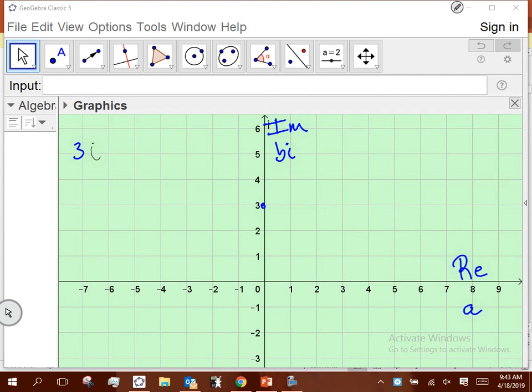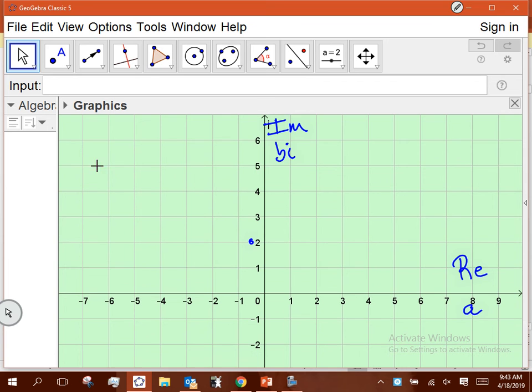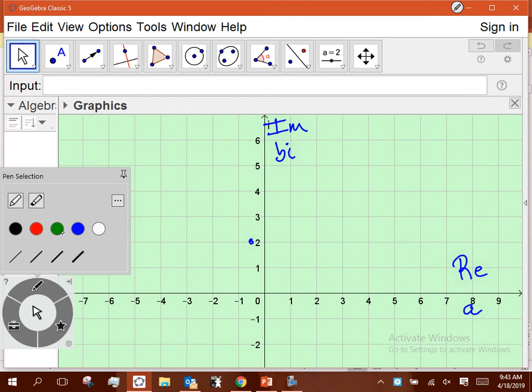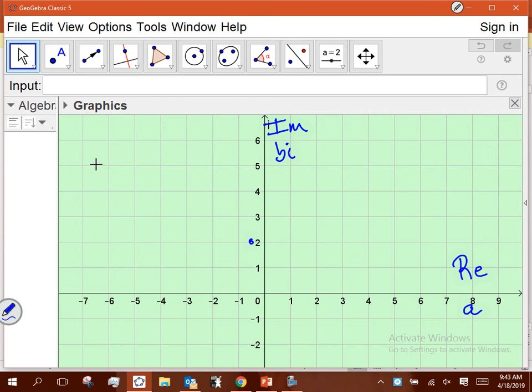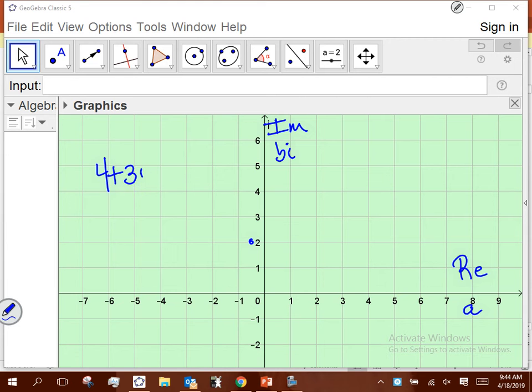This is my imaginary axis. I have 0 real values, 3i, 4i, 1i, negative 1i. But what if I want 4 plus 3i?